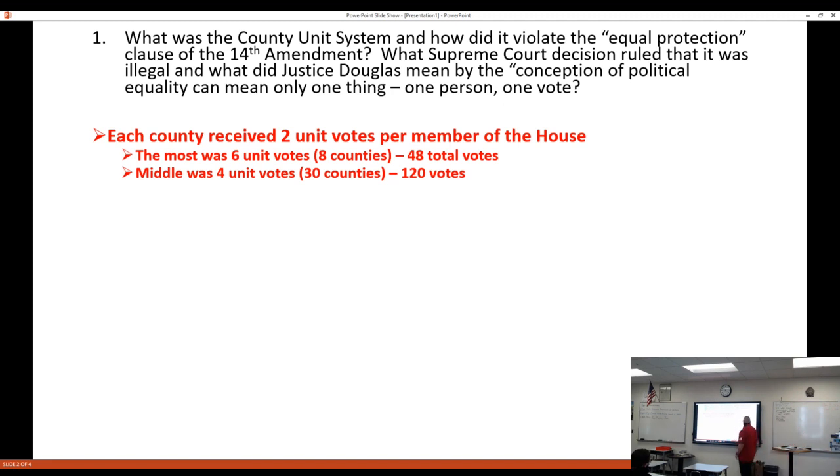Keep that in mind. 168. And then you had the counties with lower populations. They got 2 unit votes. But how many were there? 121. So that's a total of 242 votes.